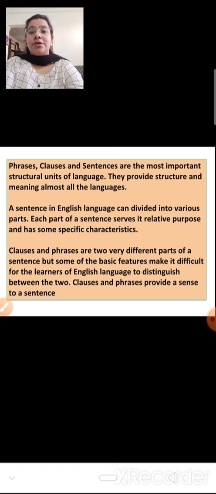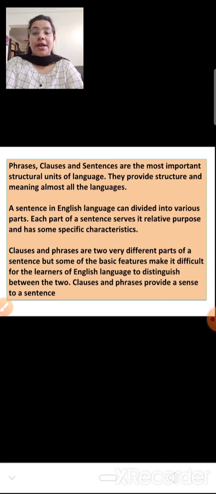Phrase, clause, and sentences are the most important structural units of language. That means that they are the structure of any language. Without them, we can't build any language. And we are not just talking about the English language, it is about all other languages also.